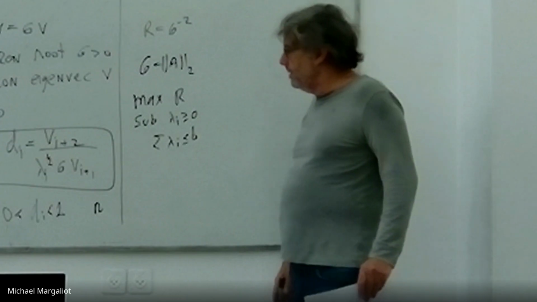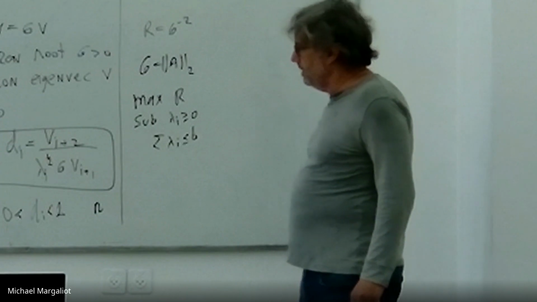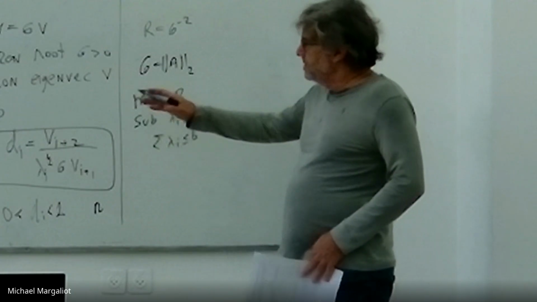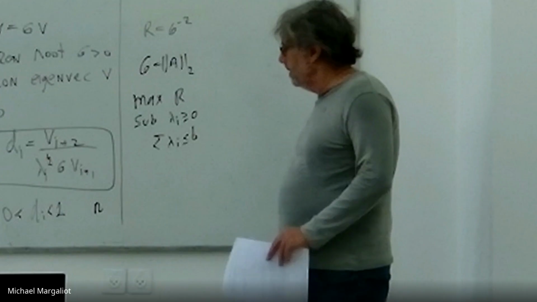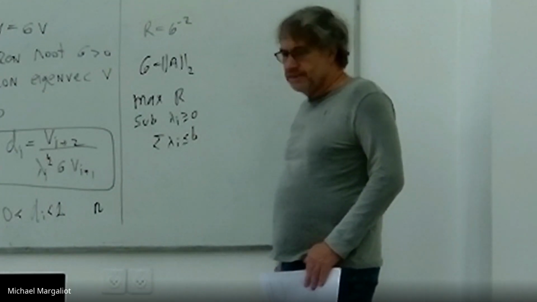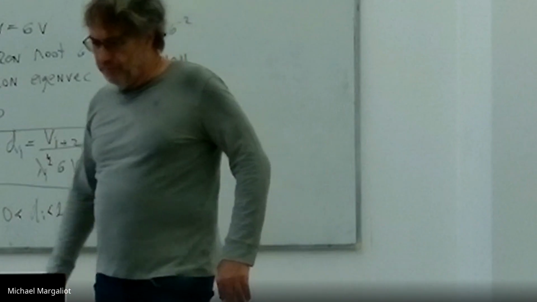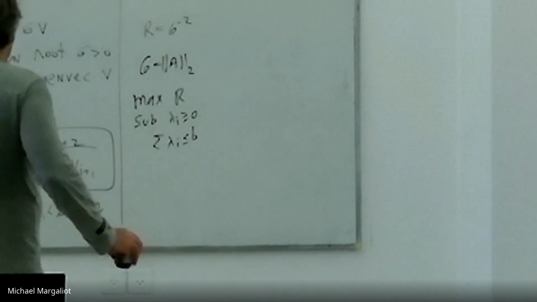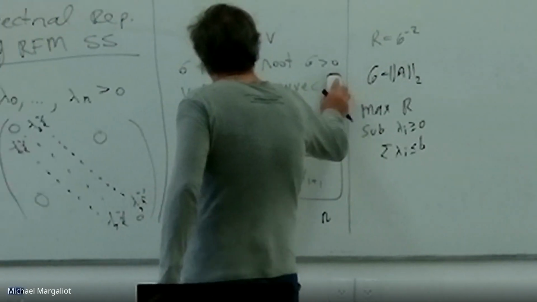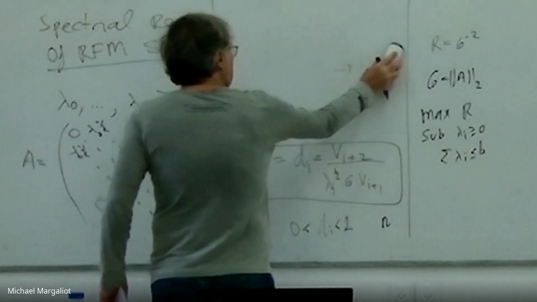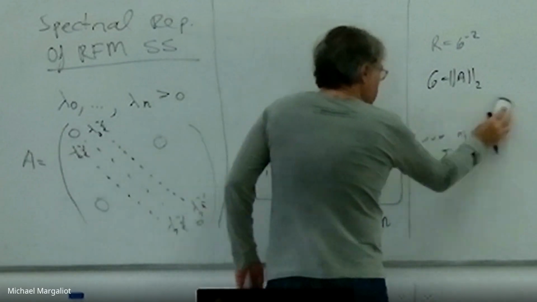And today, I want to speak about another implication of this spectral representation, and this is sensitivity analysis. So let me erase some of the parts here. This I will erase, and this I will erase.